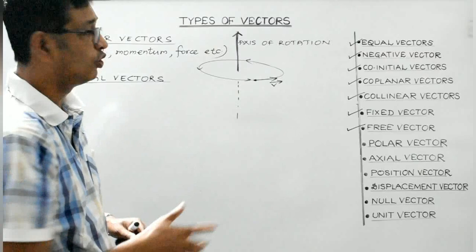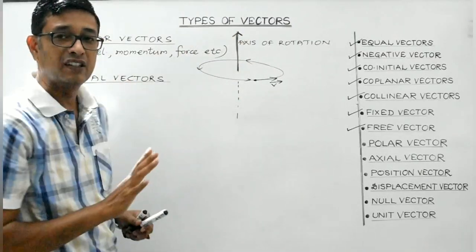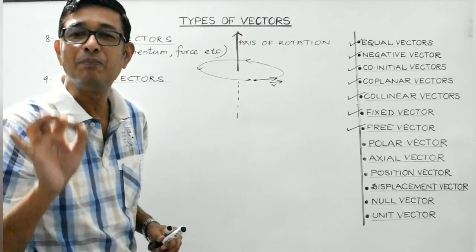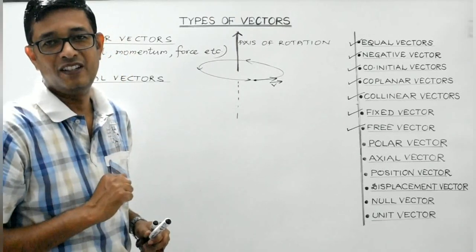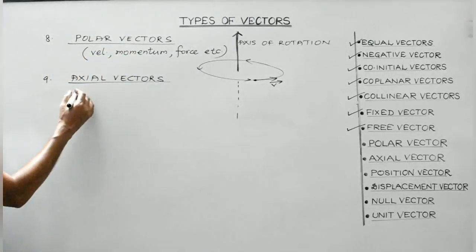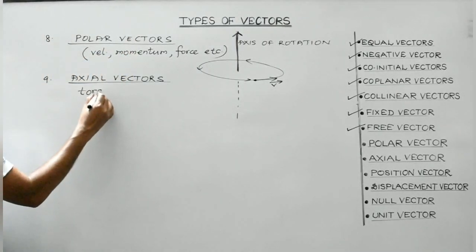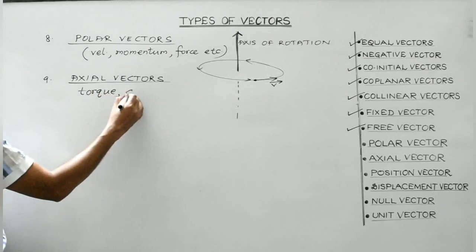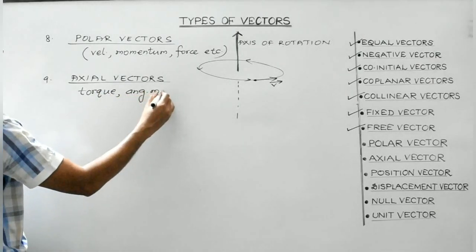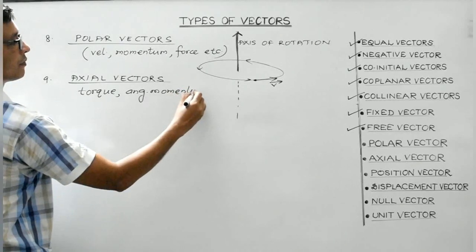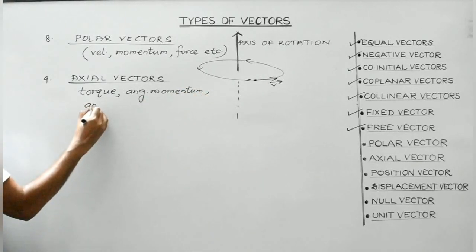Right, students? So these are the vectors, axial vectors, which do not have any point of application. So the examples of the axial vectors are torque. This we will study in rotational motion. Then angular momentum. Then angular acceleration.